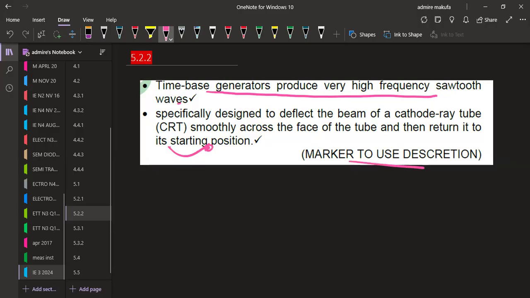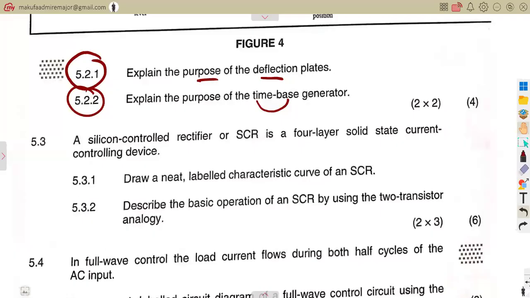So guys, also like I said before, make sure that you write something that has got sense of the diagram or what you are working with, so that they also consider your answers.